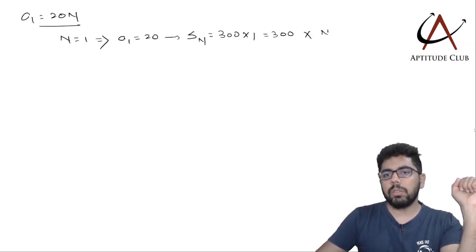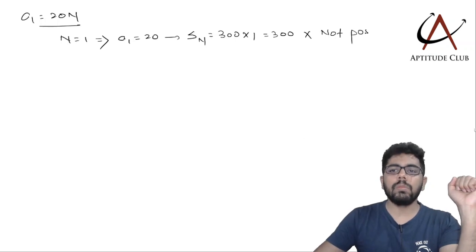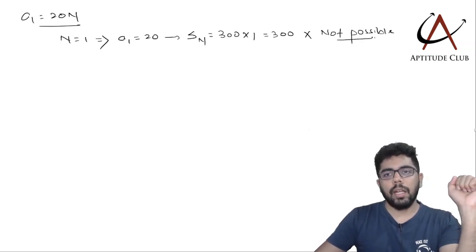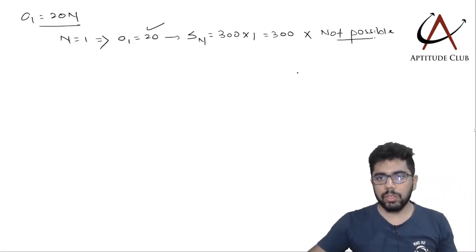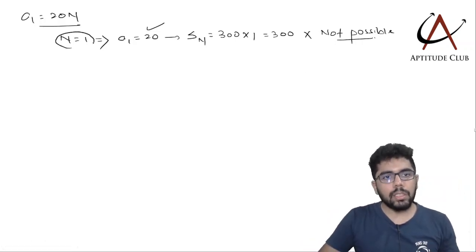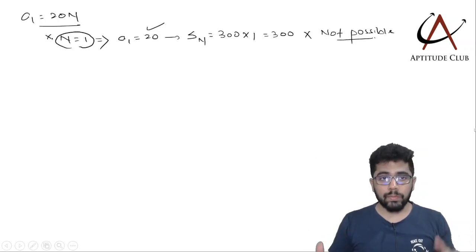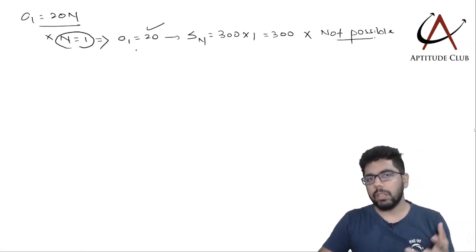But this is not possible because you have only one term in the sequence and that term itself is 20. So how come the sum will become 300? So n equal to 1 is not a possible value. That means a1 cannot be 20.